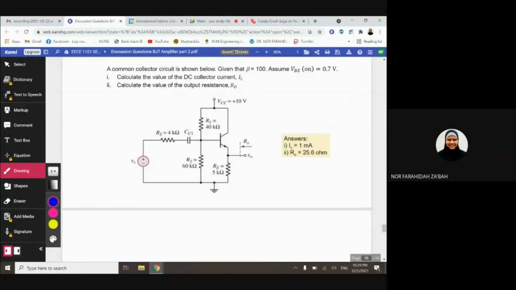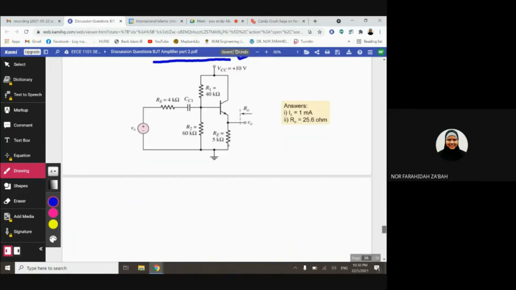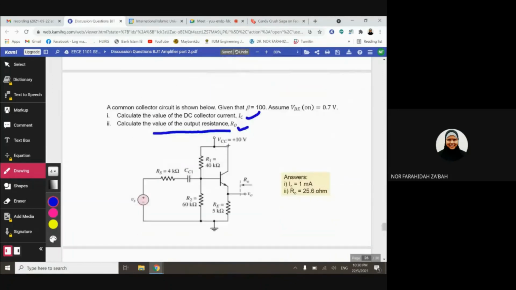Okay lah. Okay, so this final example is simple because you are just asked to find what is the DC collector current and what is the value of the output resistance R0 of the common collector. The first one is just the DC analysis.